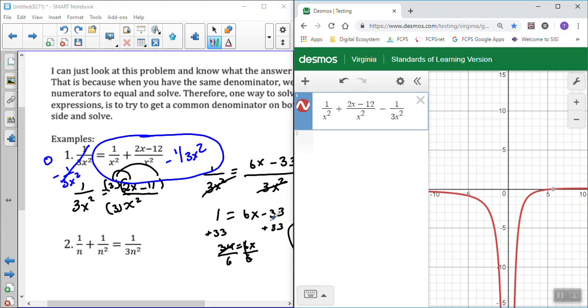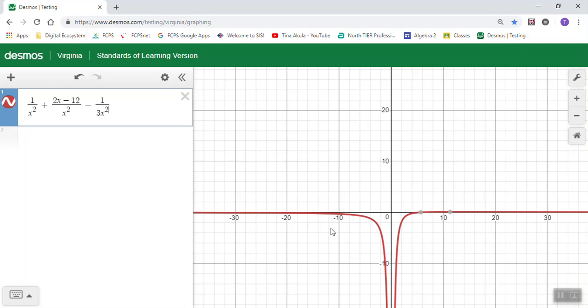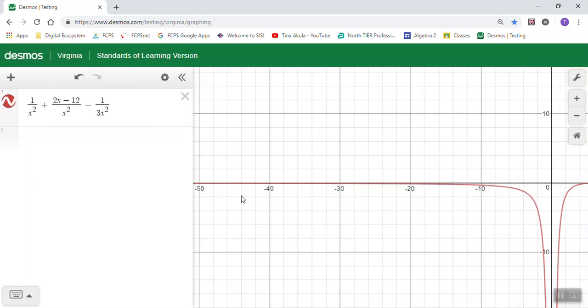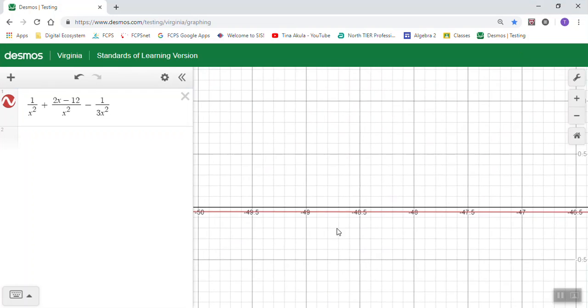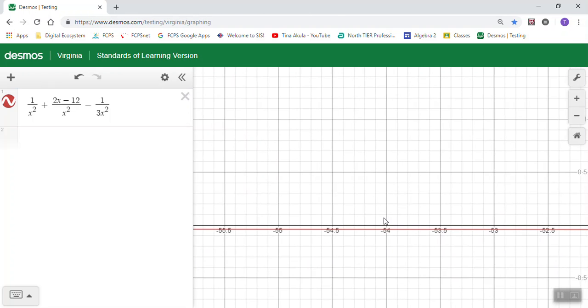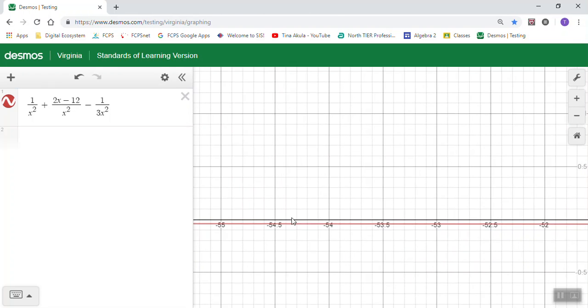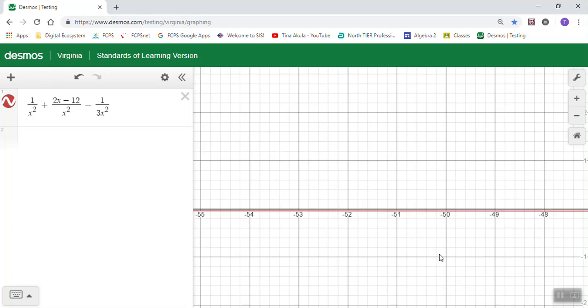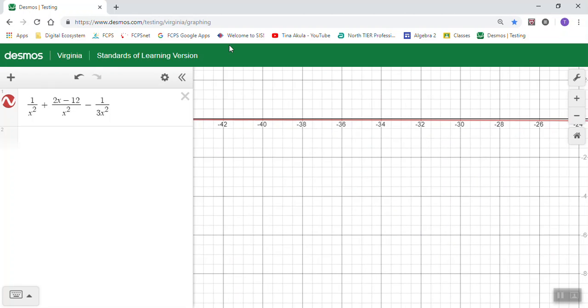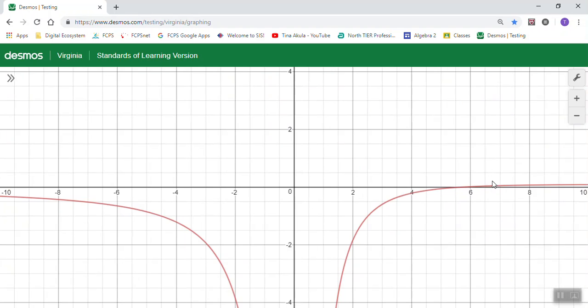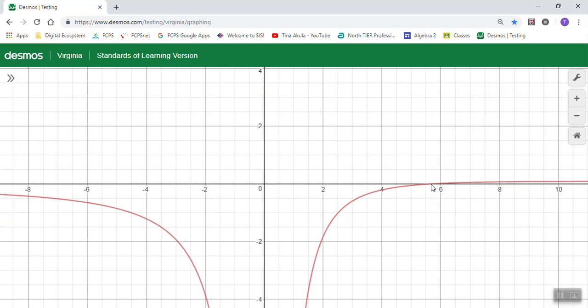Once you do this, you're just going to look for where it crosses the x-axis. It looks like it doesn't really cross the x-axis on the left side if you keep going, and we're going to talk about that. It just seems like it's getting closer and closer, but it's not really crossing it. But when I look over here on the right side, it looks like it's crossing here at 5.667.